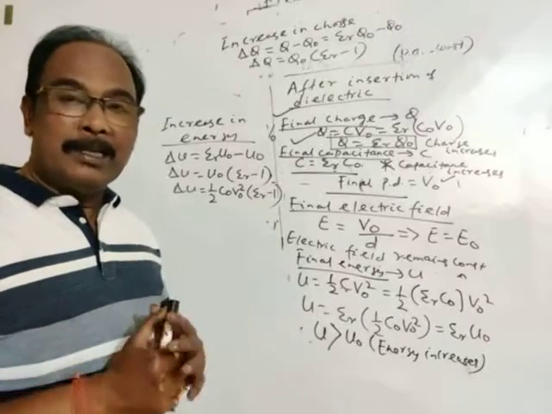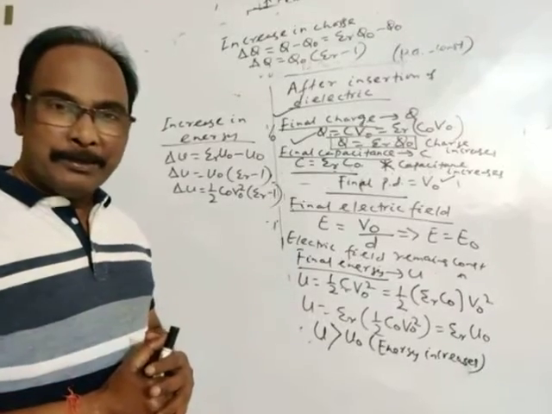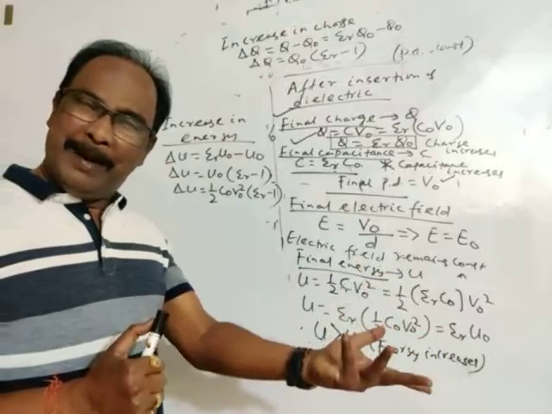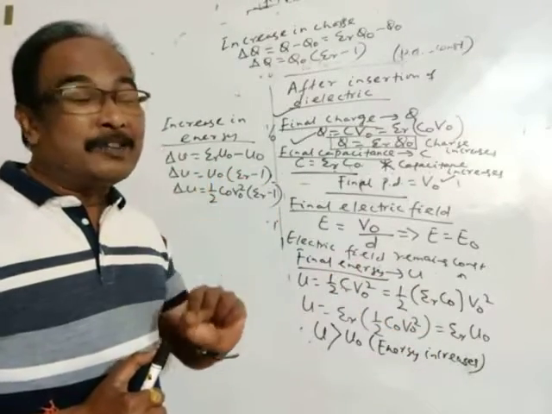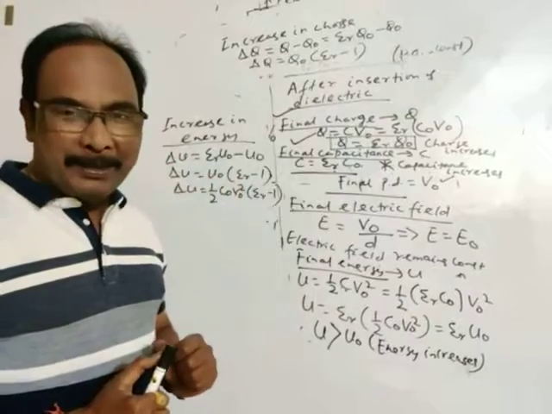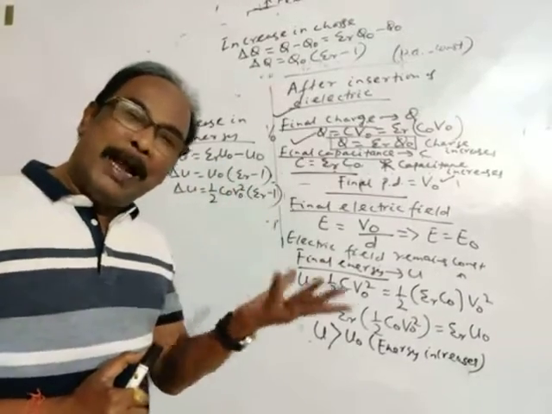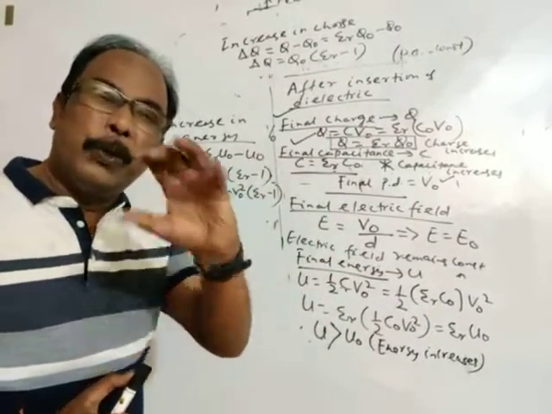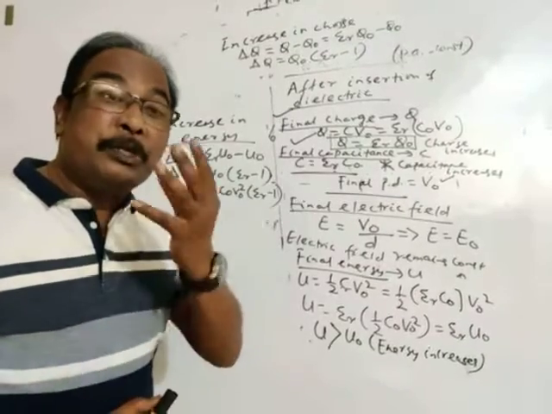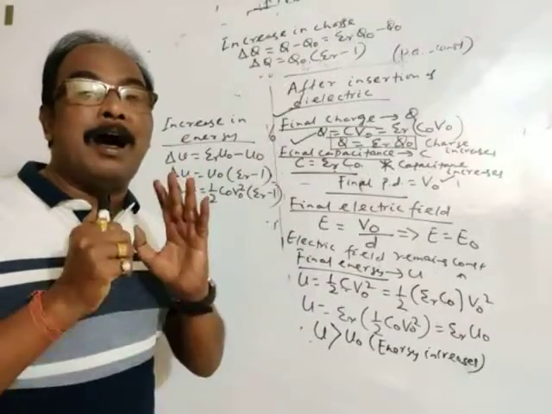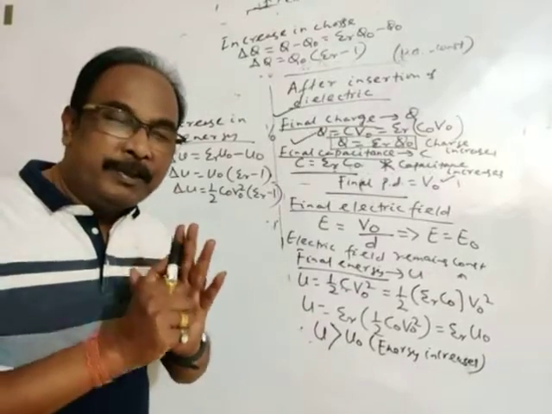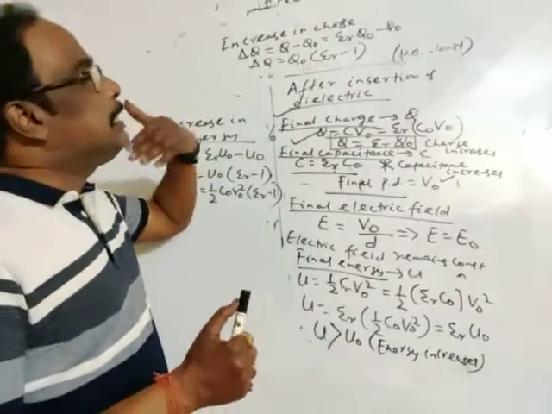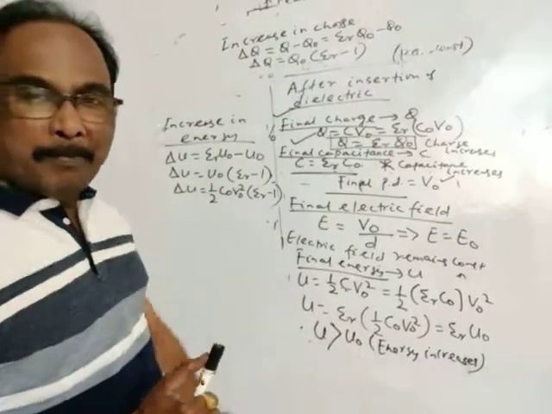But in the previous concept we discussed energy supplied by the battery and energy stored in a capacitor. Energy stored in a capacitor is half the energy supplied by the battery, meaning 50% of the energy is lost in the form of heat.